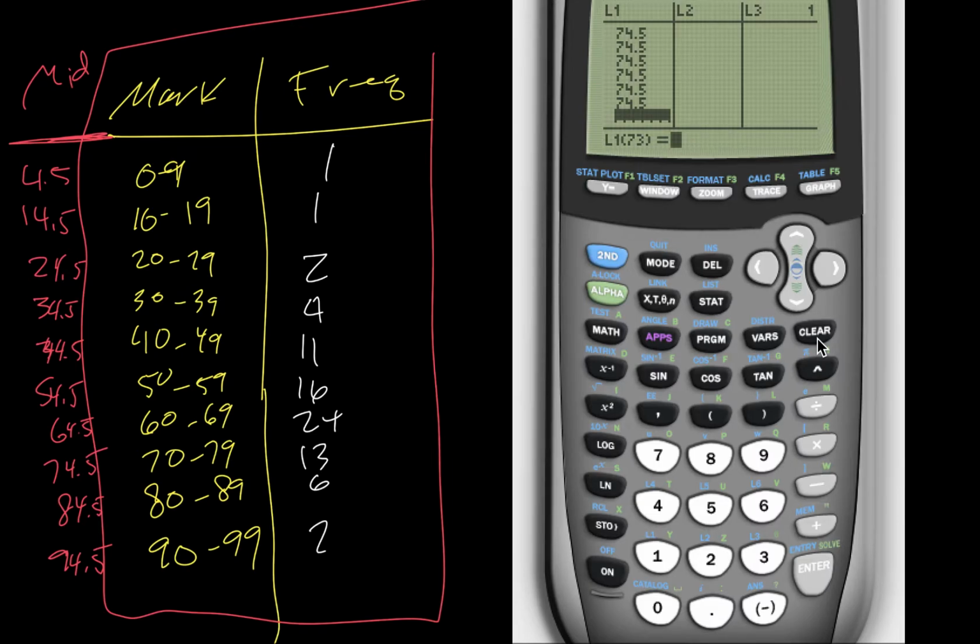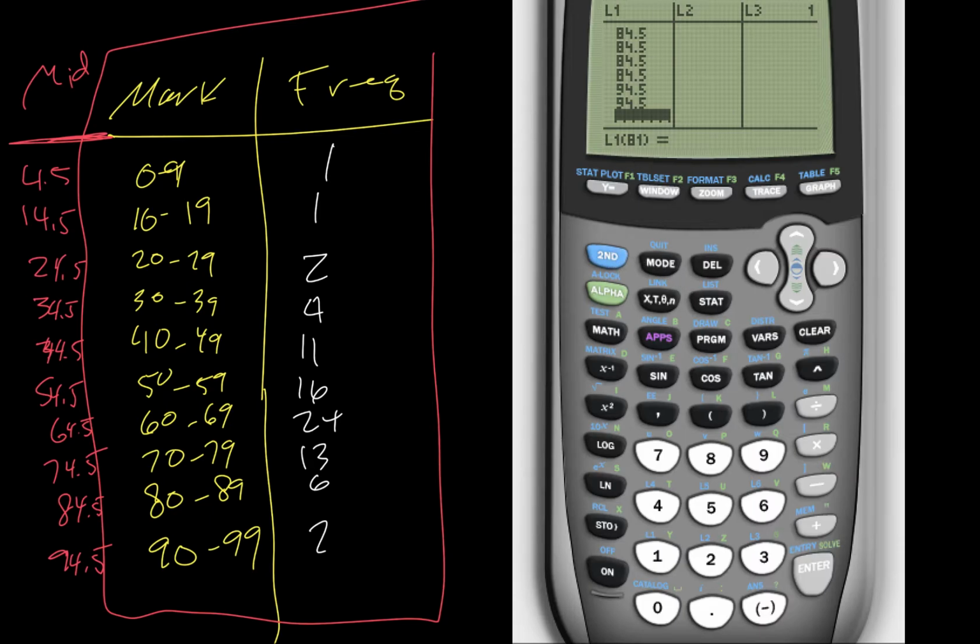So that's 13, and then 84.5 is 6 times. 1, 2, 3, 4, 5, 6, and then 94.5 is 2. Alright, hopefully I didn't make a mistake on that.